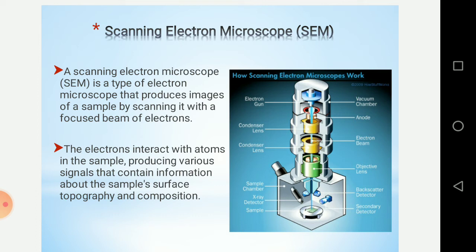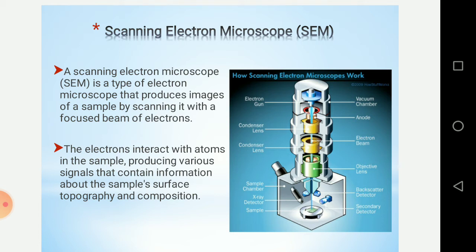The specimen, which is kept in the chamber, has its surface scanned by the electrons, and after scanning they produce a particular image. That image we can observe on a laptop or the computer which is connected to the scanning electron microscope.